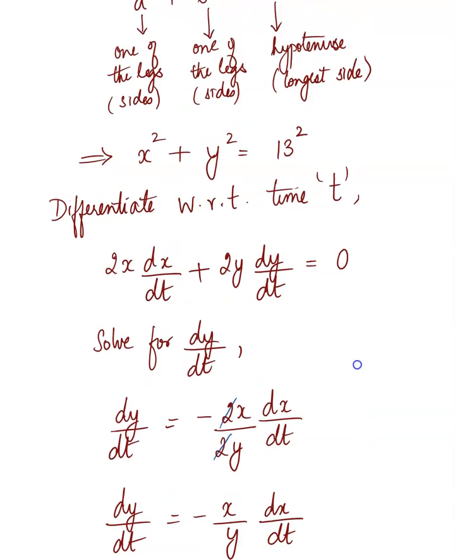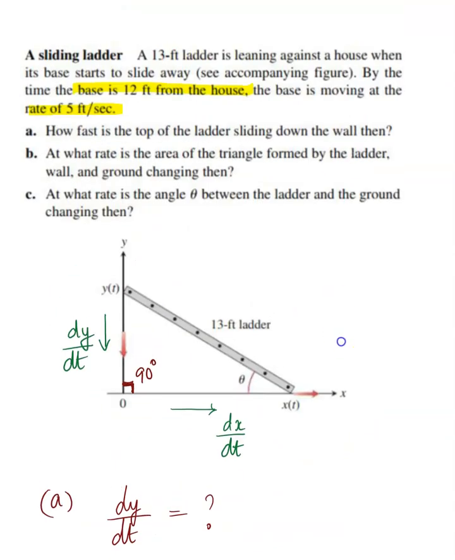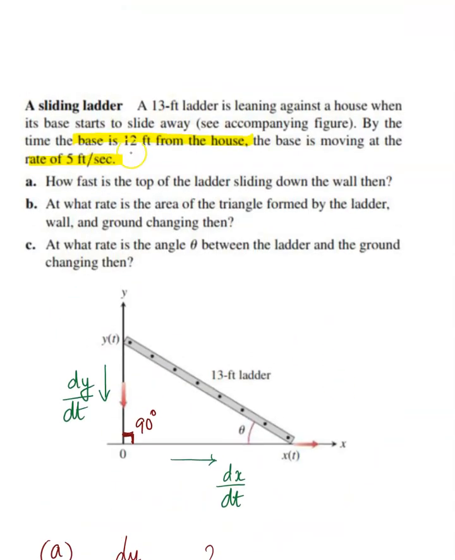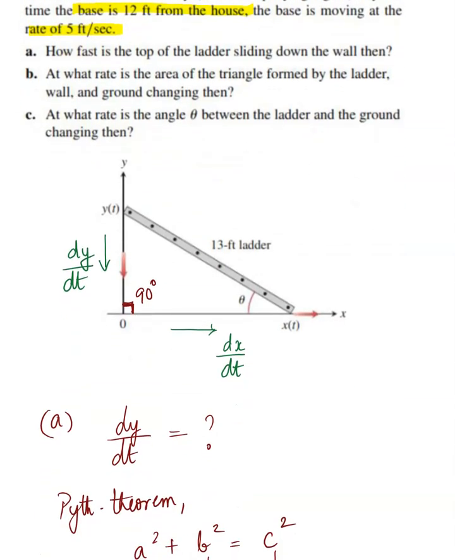Now, we are told outside A, B, and C, right? Outside A, B, and C, that the base is 12 feet. When the base is 12 feet from the house, the base is moving at a rate of 5 feet per second. So I'll come over here and say this dx over dt is 5 feet per second when the base, which is the x, right, is 12 feet.